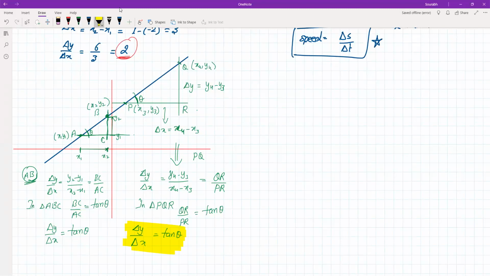We have not done that. We have taken any generic point on any generic line, any 2 such generic points, and we have tried to find out the rate of change of y with respect to x, that is delta y by delta x. And in both the cases we have seen that that comes out to be equal to tan theta, irrespective of where you take those 2 points.